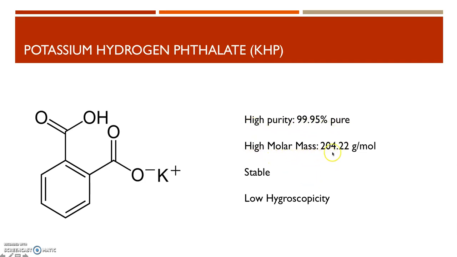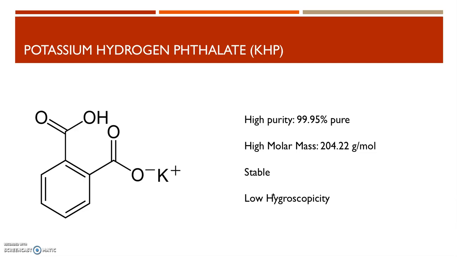It has a high molar mass of 204.22 grams per mole. It is stable over time. It's not very reactive at all, and it has a very low hygroscopicity. In addition, if you're really concerned about this adsorbing water, then you can also put it in the oven for a little bit and evaporate all the water off. We don't usually have that problem.